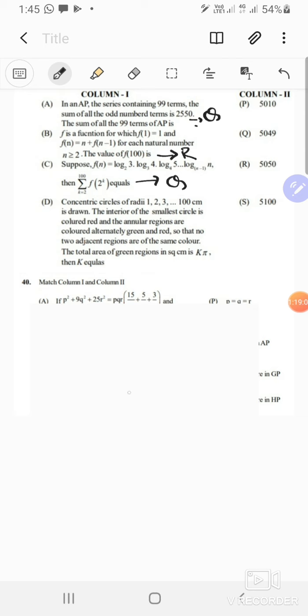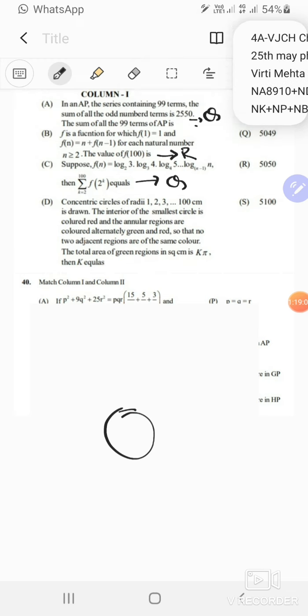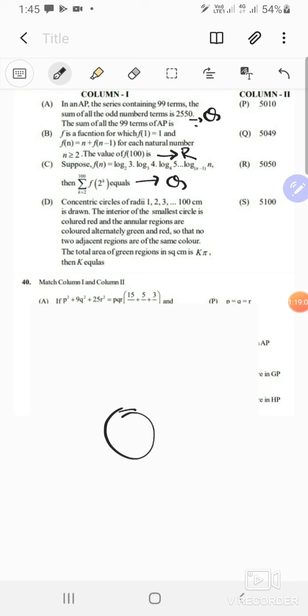Concentric circles. So the first circle is of radius 1, so it has pi into 1 squared of area. This region is red, the area of the smallest circle.